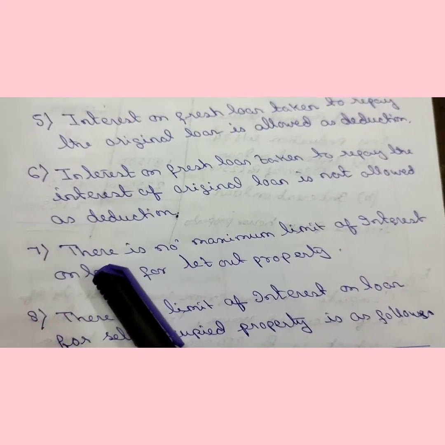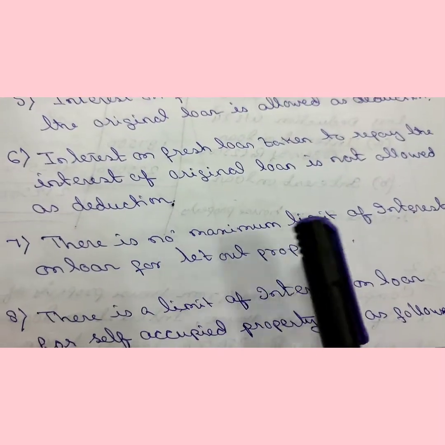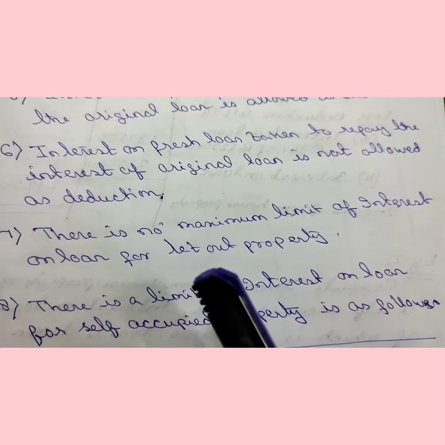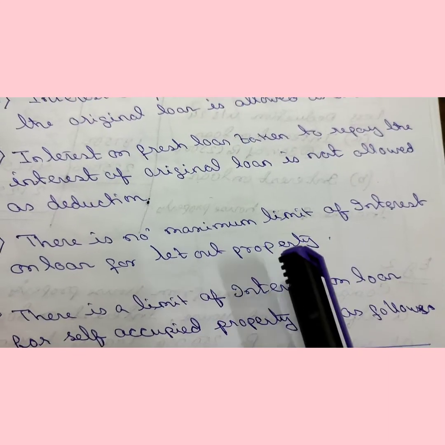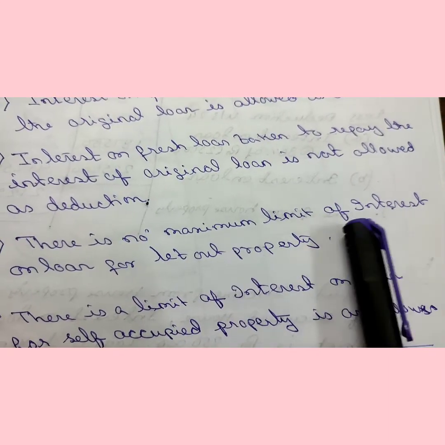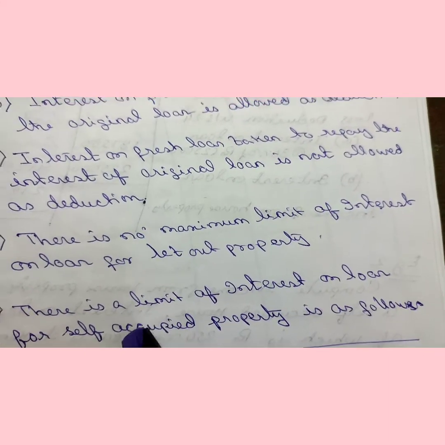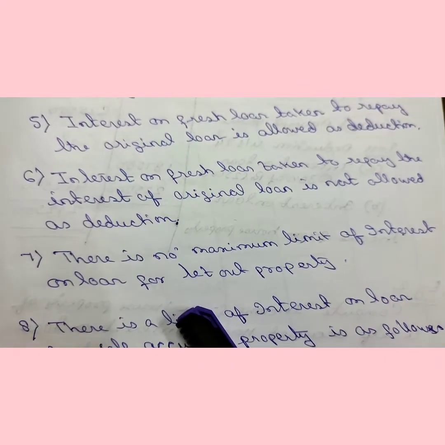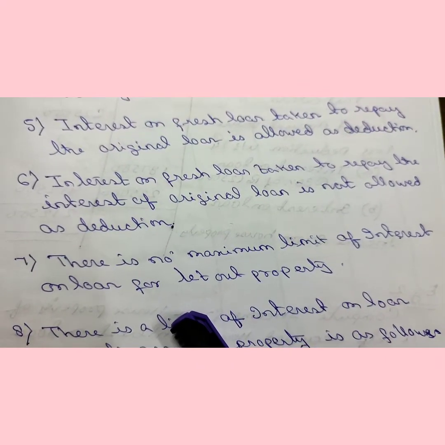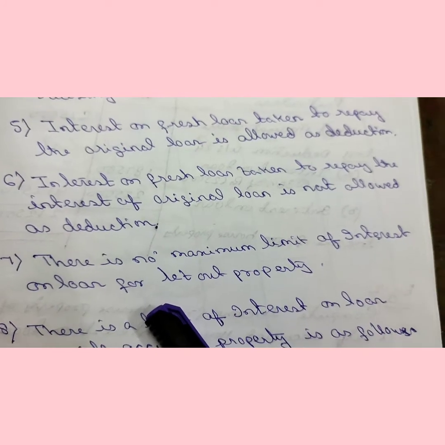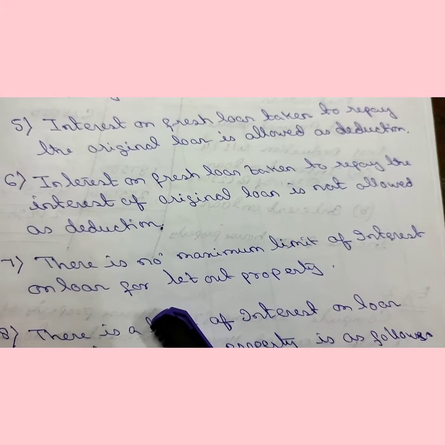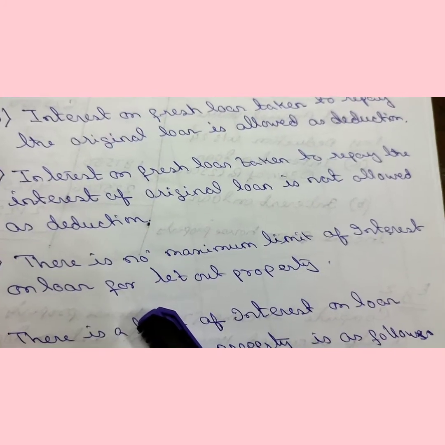Number 7, in case of let out house, there is no maximum limit of deduction for interest on loan. No maximum limit. How much interest is due or payable, that will get deduction for the let out house.